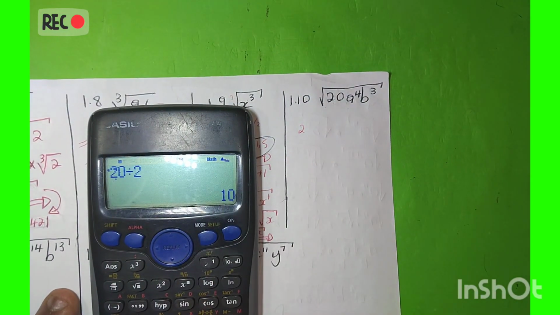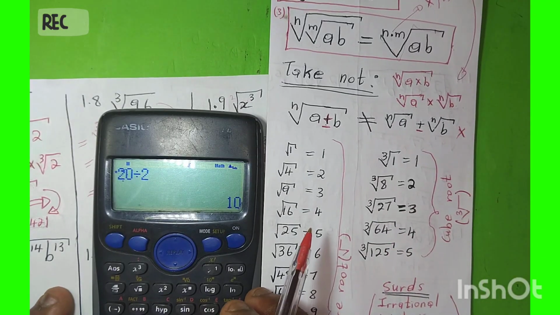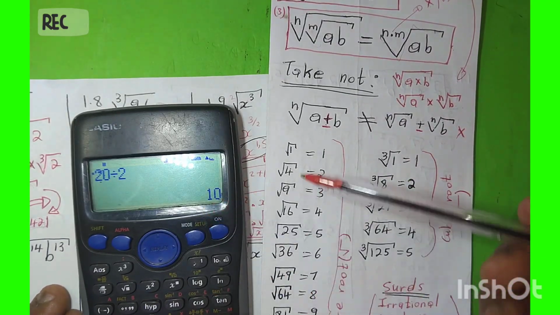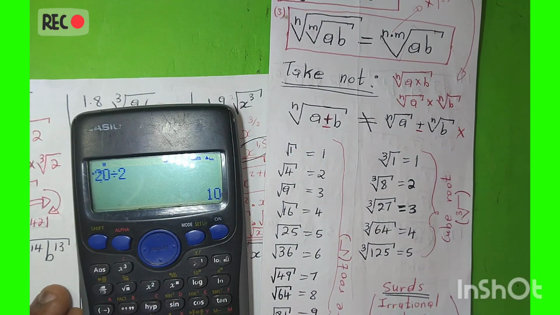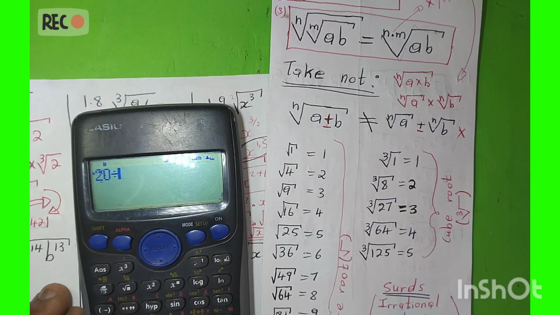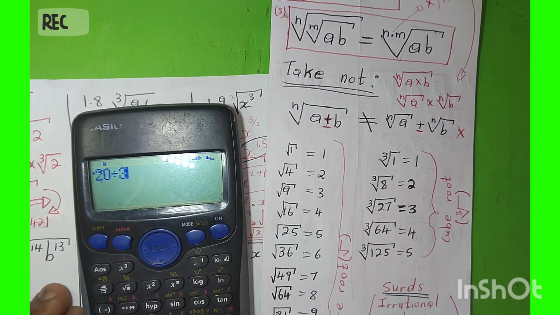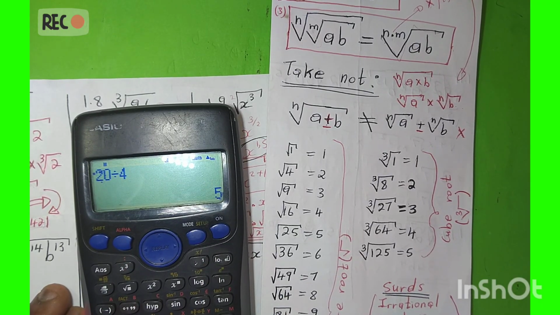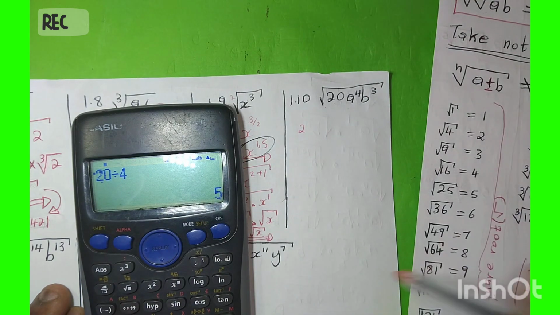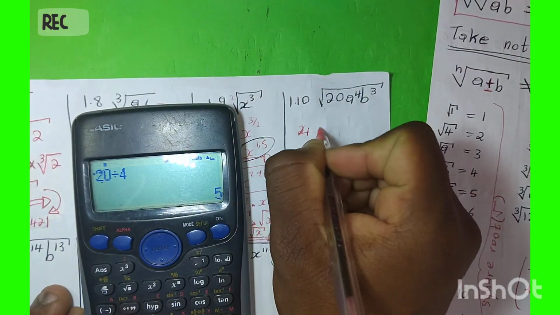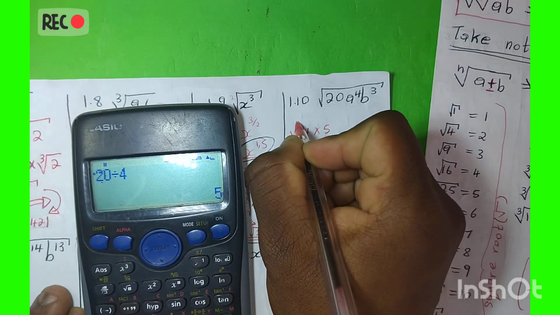That 10, guys, is not even a perfect square. Let's try 3. There's no perfect square. 4. That 4, guys, is a perfect square. Meaning that I can take 4 here. I can say 4 multiplied by 5.